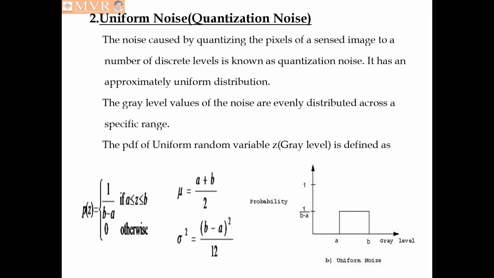Here is a graph of the uniform probability density function curve, and we can define it as P of Z equal to 1 by B minus A if A less than or equal to Z less than or equal to B, and equal to 0 otherwise, where mu equals A plus B by 2 and sigma square equals (B minus A) whole square by 12.